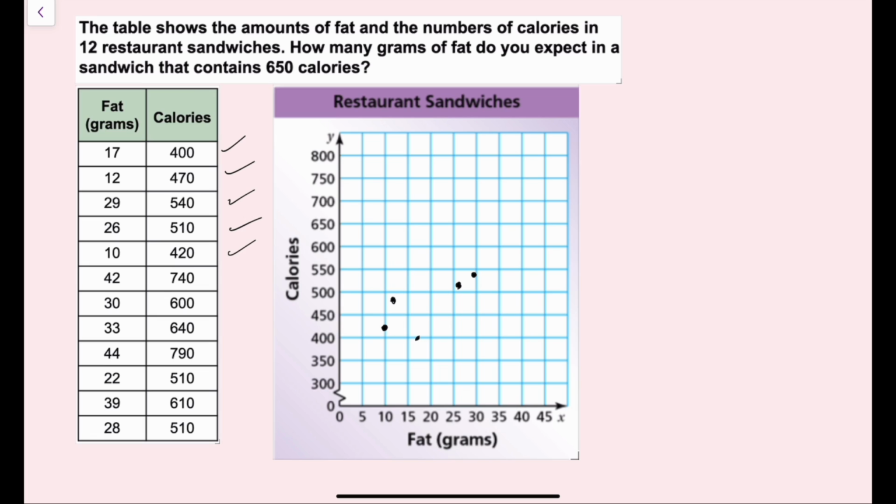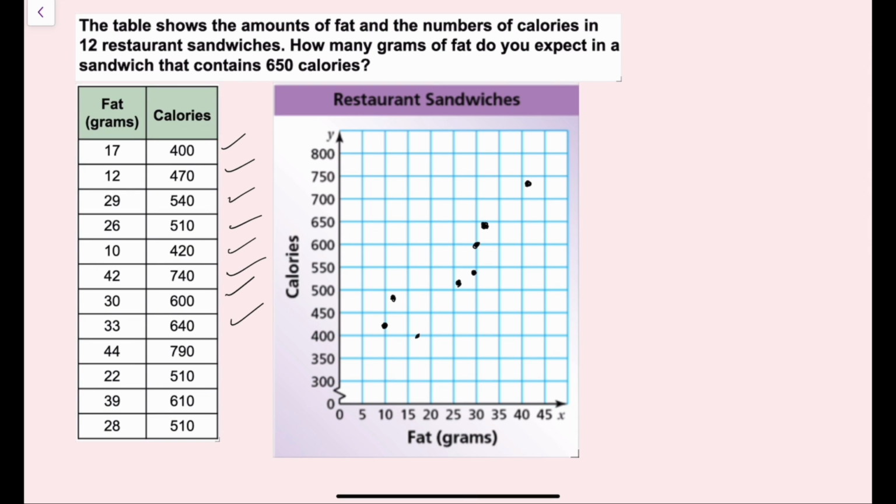And then I have 42, 740. And then I have 30, 600. And then 33, 640. And then I have 44, 790. And then 22, 510. And then I have 39, 610. And then I have 28, 510.